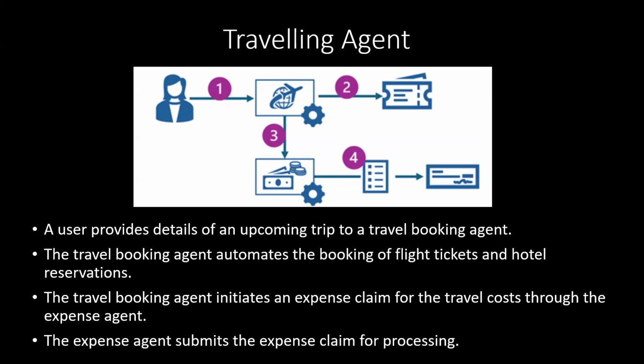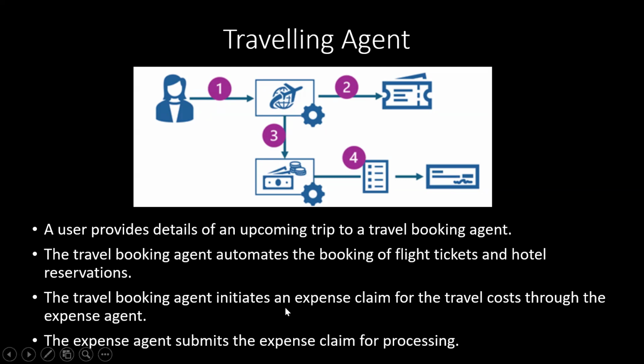But it was not acting. Acting in the sense it was not doing any action. It was just giving information. By building agents, we can create applications which basically act. So not only will it give me the information of flight tickets or hotel reservation, it can actually book those tickets for me. So it will automate the task.